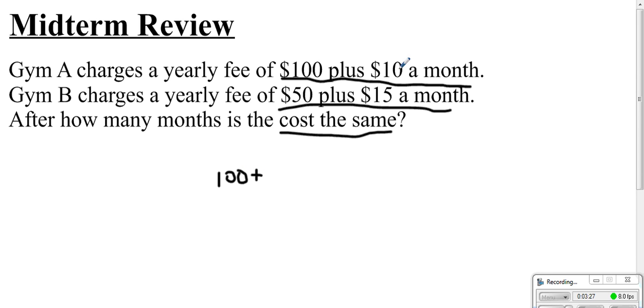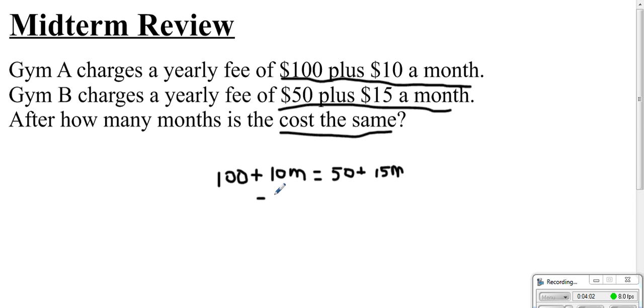So it's 100 plus 10 per month, and I'm going to put M for the month. And then for Gym B, it says 50 plus 15 per month. So I'm going to put M for the month. Since we're comparing the two, just put an equal sign in the middle. You're looking for after how many months is the cost the same. So you want this side to equal this side, and that's why you put that equal sign in the middle.